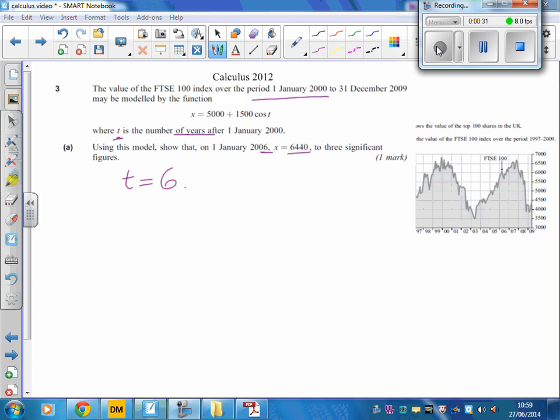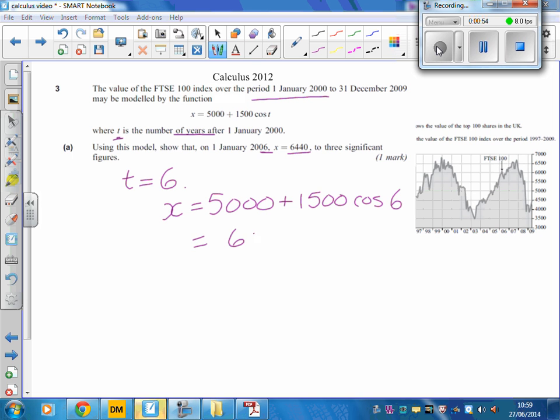Now it's not enough just to put T equals 6 into your calculator and write X equals 6,440, because you obviously need to show your working. So substituting in T equals 6 into the equation, and remember to keep your calculator set to radians.